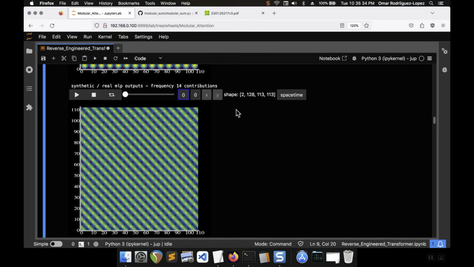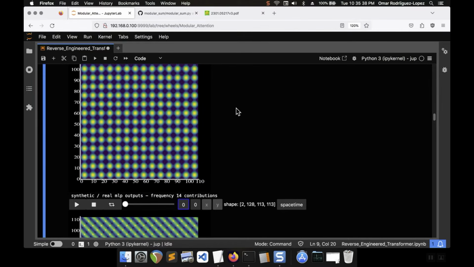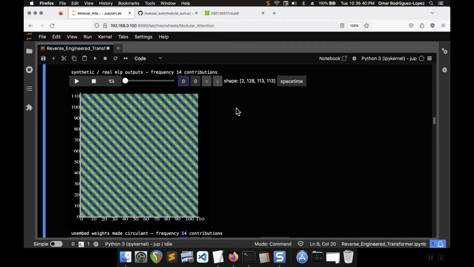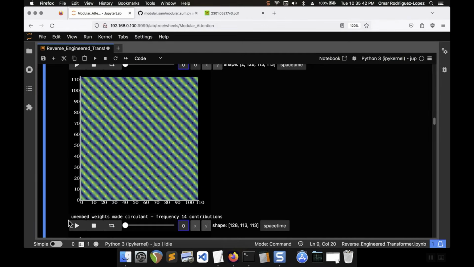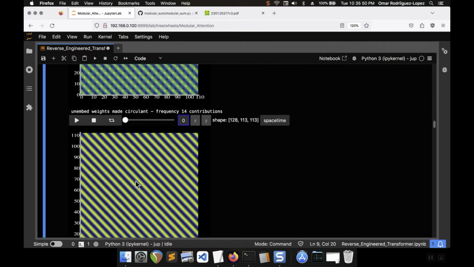So we're going from a ReLU sum of cos and sin at a bunch of phases to a single cos and sin of A plus B plane wave, where A meets B. And that's in order to dot with this, which is the unembed.